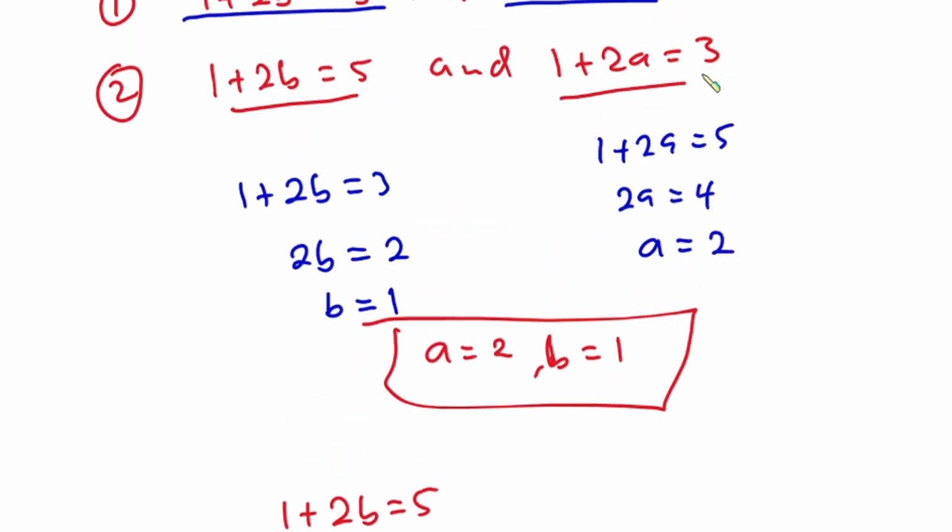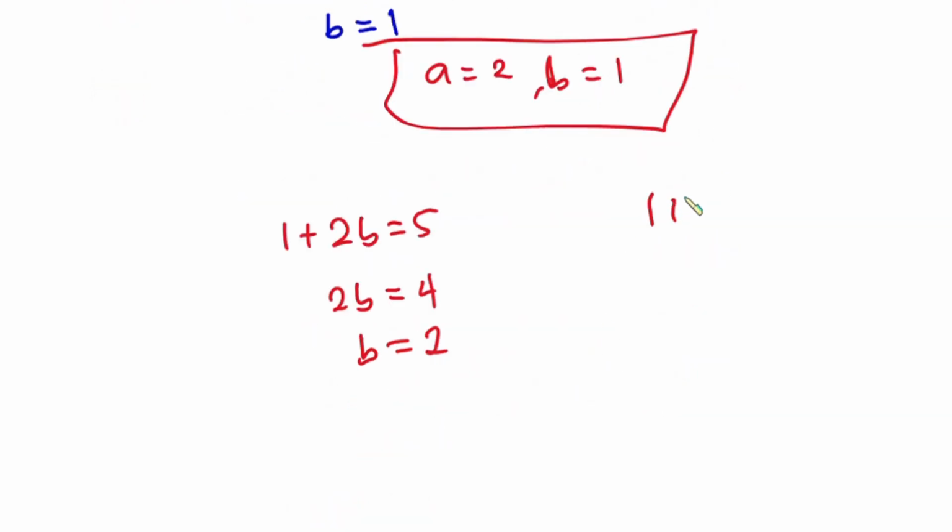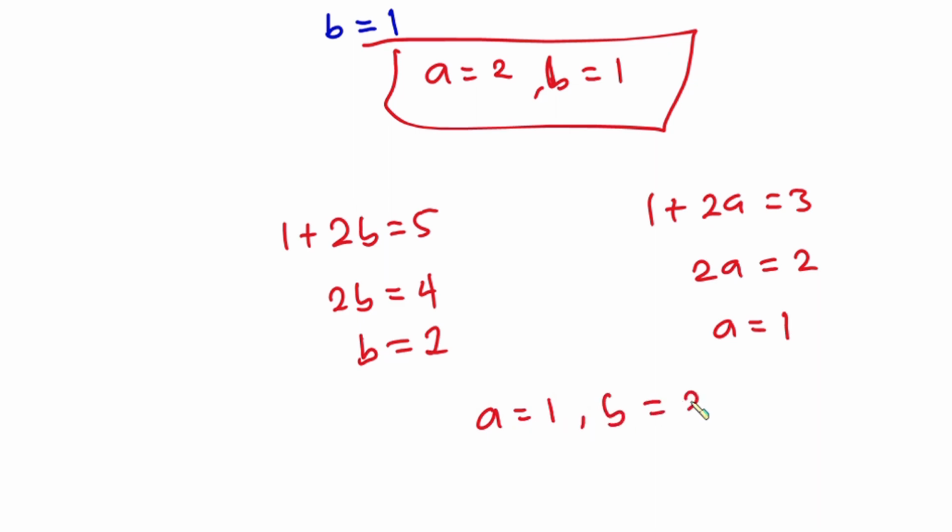Then from here, we have 1 plus 2a is equal to 3. So this implies that 2a is equal to 2. Now if we divide each side of the equation by 2, we have a equals 1. So from here, when a is equal to 1, we have b is equal to 2.